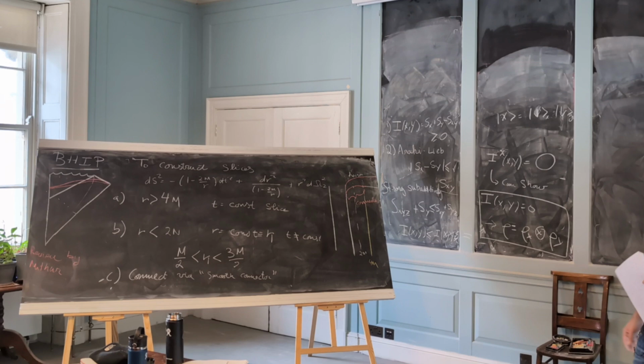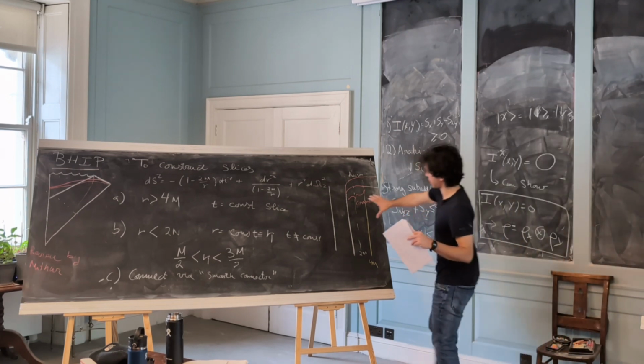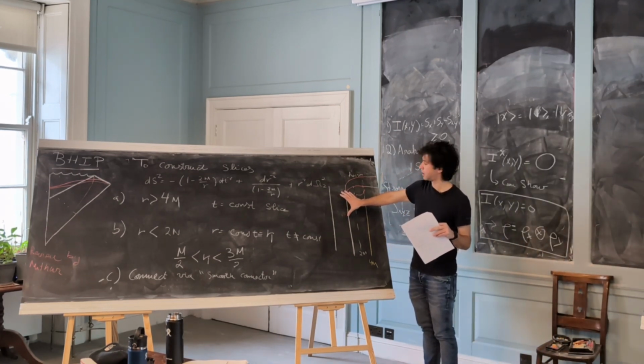I'm not sure I have a good answer for you right now. Maybe a better question would be, are the red lines space-like in this space-time? Yeah, they're supposed to be. Everything is space-like, even as it starts going red. This is a space-like slice.